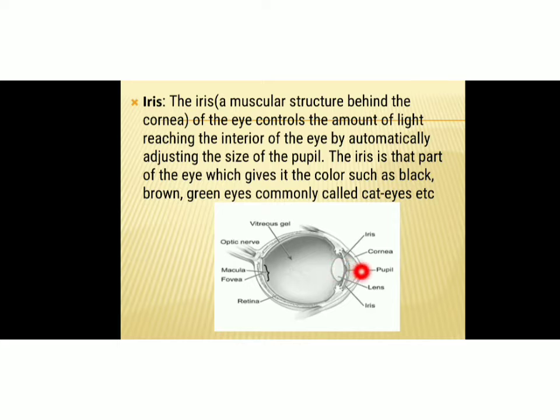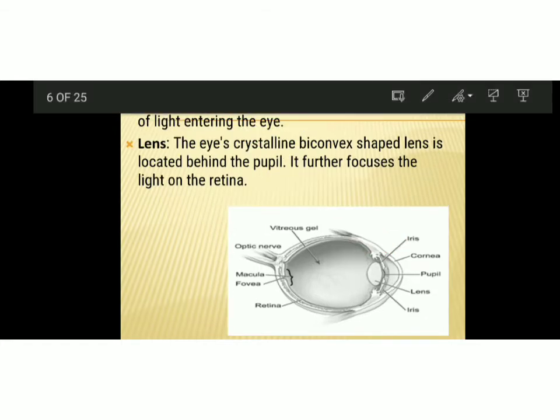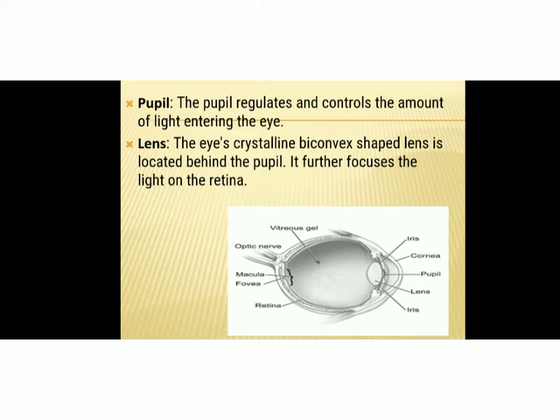What is the pupil? The pupil is the central part of the iris. So next we can discuss the pupil in detail. The pupil regulates and controls the amount of light entering the eye. How? Don't get confused between the functions of the iris and the pupil. The iris is a dark muscular diaphragm that controls the size of the pupil, and the pupil regulates the amount of light entering the eye.